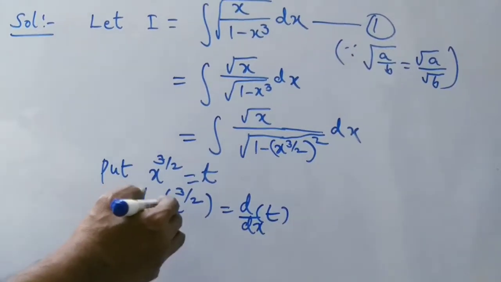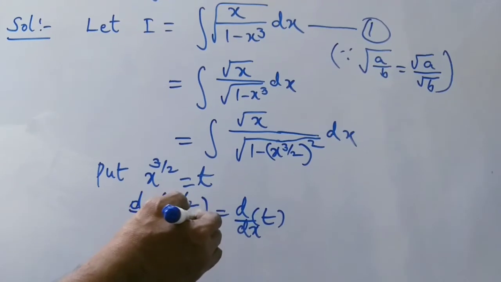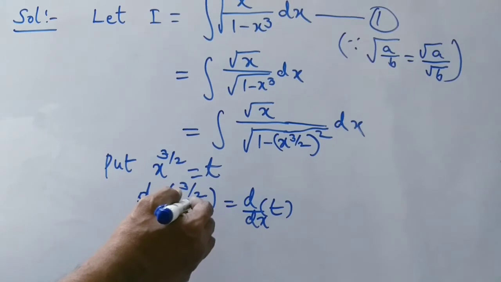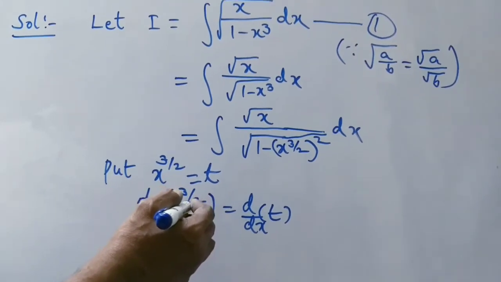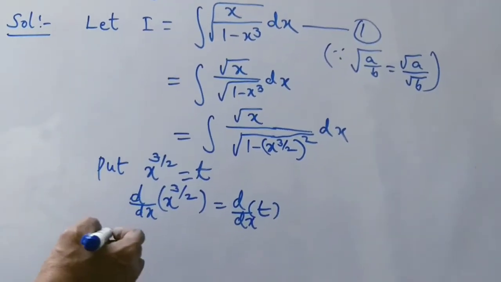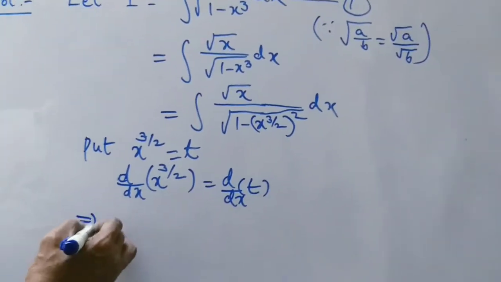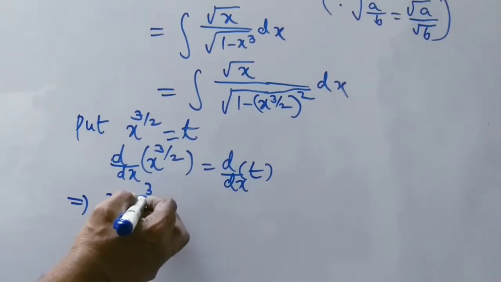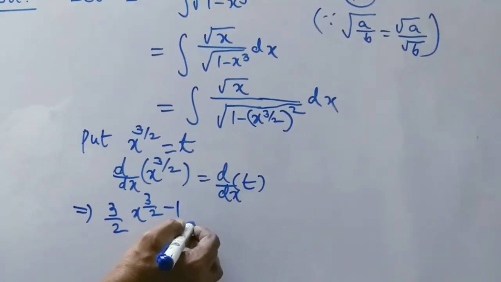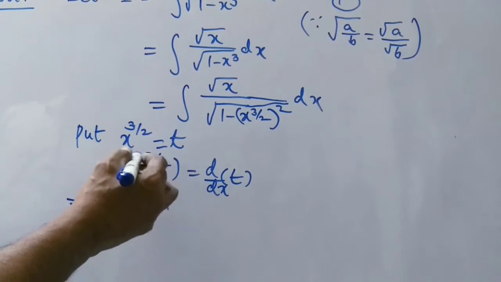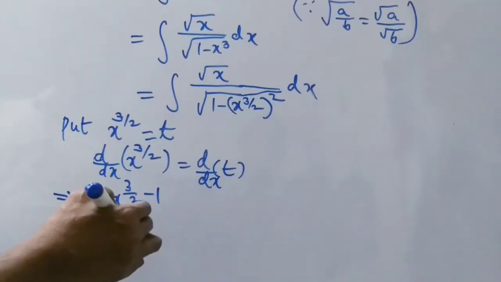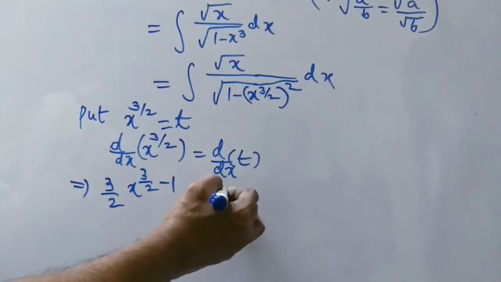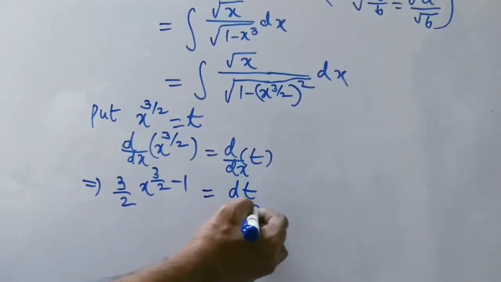Differentiation of x to the power of n is n into x to the power of n minus 1. So it is 3 by 2 x to the power of 3 by 2 minus 1, and differentiation of x is 1. So by the chain rule, that is equal to dt by dx.